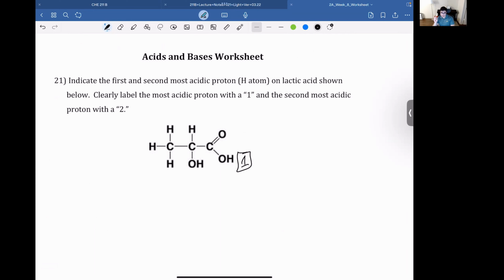So the C double bond OH, this is a COOH group. And then we have this OH down here, which is the second most acidic because it's on an oxygen. So H's on oxygens are more acidic. Again, this is not obvious for any reasons that I think you've learned so far.